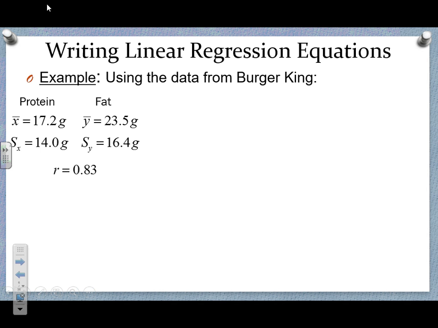Now, if you are going to calculate a regression line, the first thing you have to do is find these 5 pieces of information. So if you were doing this from start to finish, let's talk through the steps. What would be the first thing you'd have to do if you needed to calculate these 5 pieces of information?